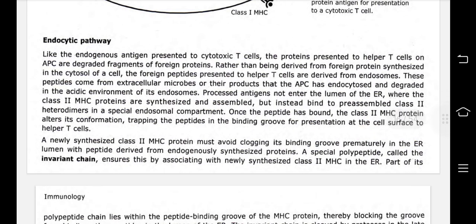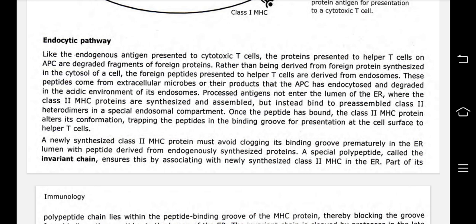Endocytic pathway. Like the endogenous antigen presented to cytotoxic T cells, the proteins presented to helper T cells on APCs are degraded fragments of foreign proteins. Rather than being derived from foreign protein synthesized in the cytosol of a cell, the foreign peptides presented to helper T cells are derived from endosomes.